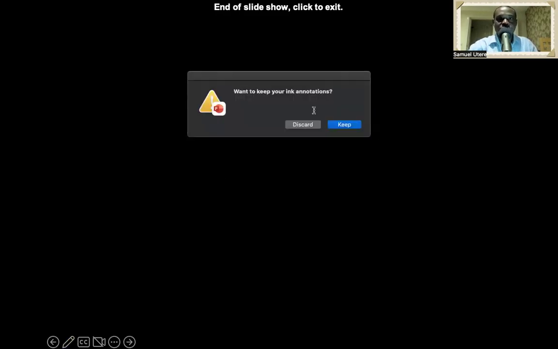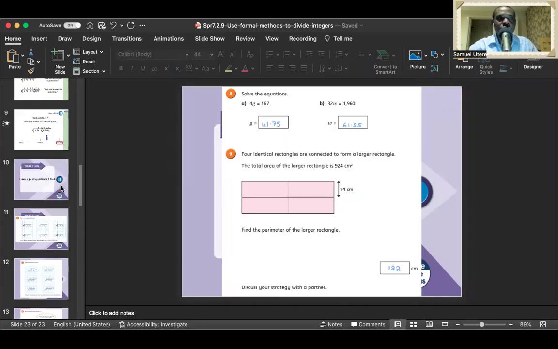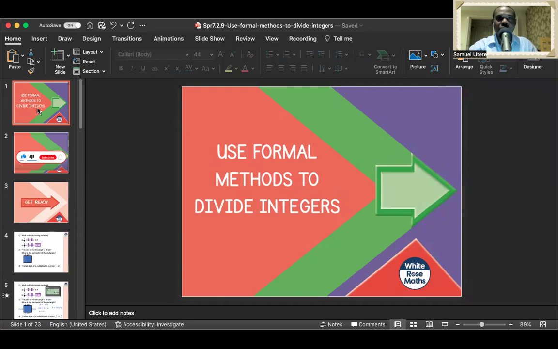That brings us to the end of our lesson. So what have we learned so far? We have been learning how to use formal methods to divide integers. You can do your integer division by thinking about first what is really going on when you do your carry.